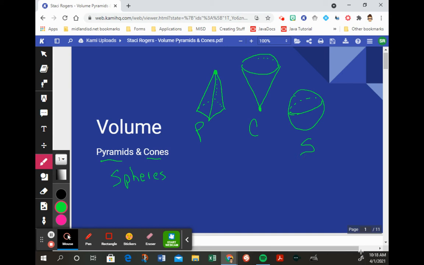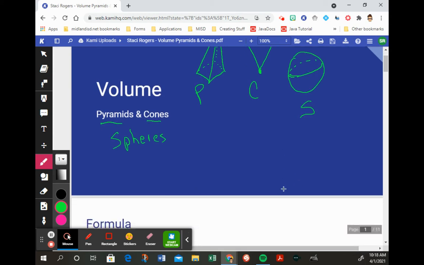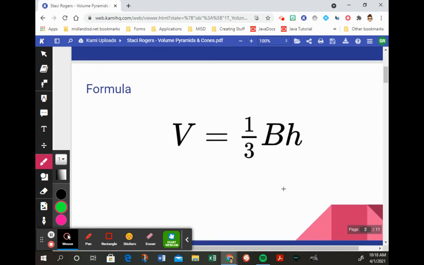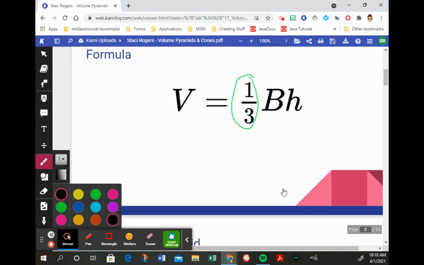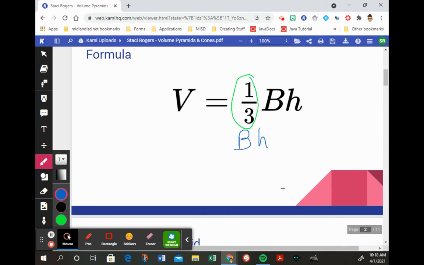What's unique about this is that the formula is almost like what we did yesterday, except we have 1/3 in front of it. And I prefer to write this as B times H over 3. I didn't think about that when I wrote these notes.